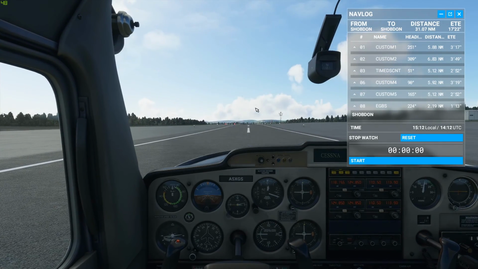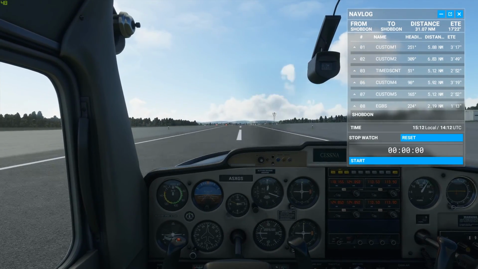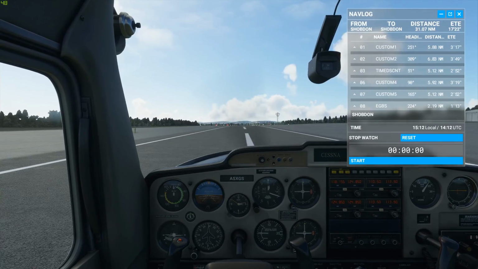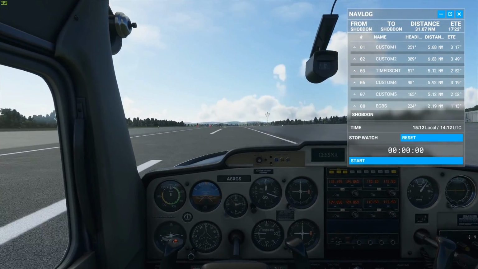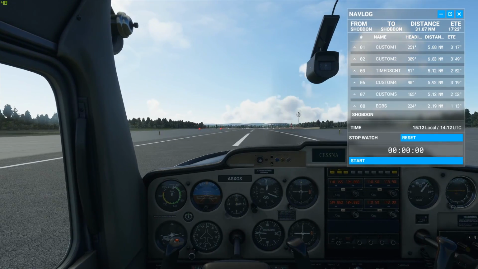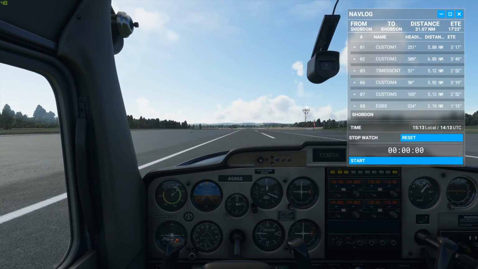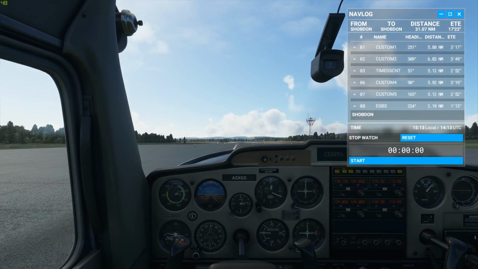Release the parking brake. Takeoff power is set. There's the twitchy rudder I spoke about. Oops. There's 50 knots. Go into the air.